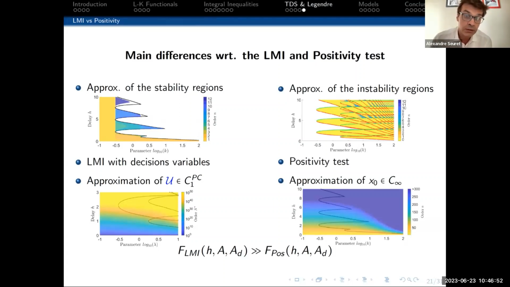So it is known that the convergence of the polynomial approximation of this kind of function can be very, very fast. And this is why we get such a low order here.